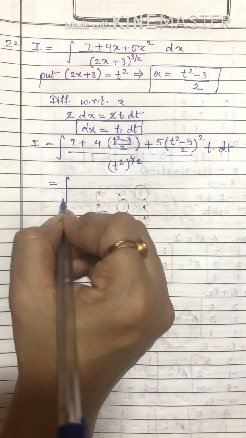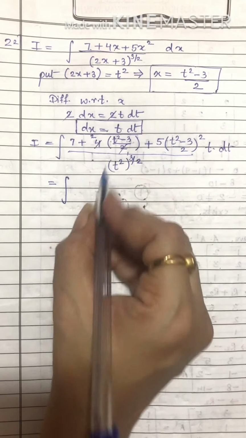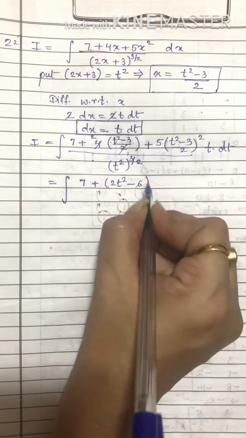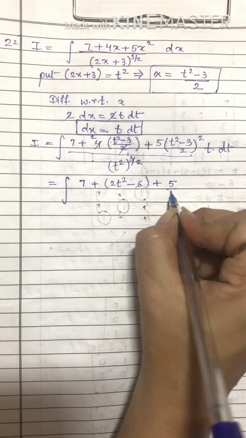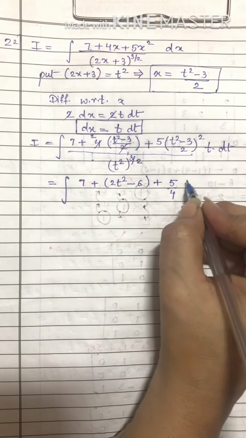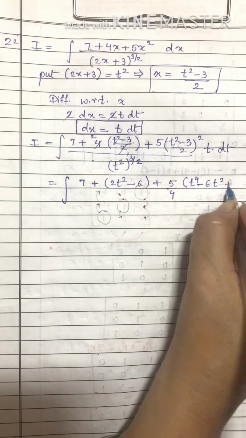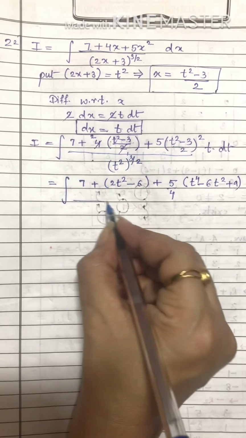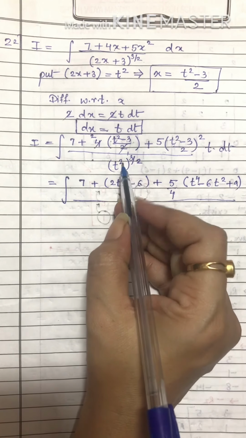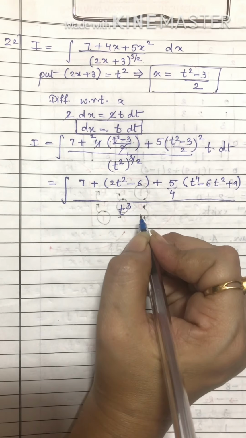Okay, so next, here 2 can be used for cancelling 4 here. So we get 7 plus 2t square minus 6 plus 5 upon 4. Now we'll square this. Fine, so that 4 I have taken outside, 5 upon 4, and here we get t raised to 4 minus 6t square plus 9 whole upon t raised to, what you'll get here, 2 into 3 upon 2, that 2 will get cancelled, so we get t cube.